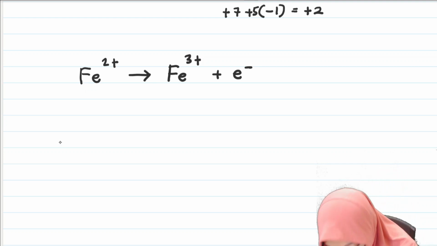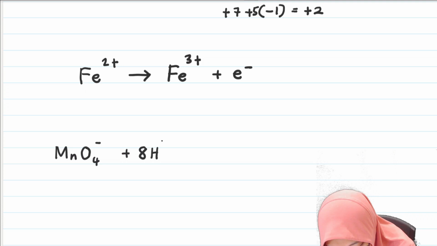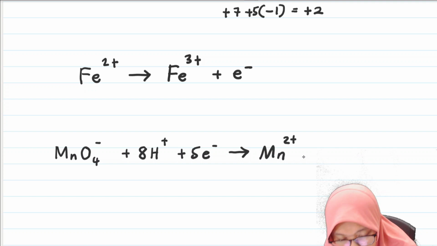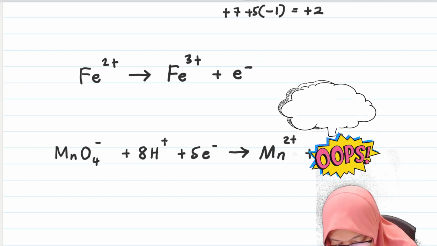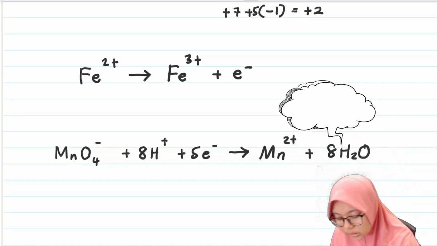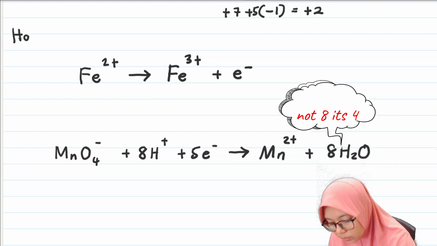And then we have the manganate ion, MnO4 minus, accepting 8 hydrogen ions and also 5 electrons to form manganese 2 positive and 4 water molecules. So that is the half equation. This is what we call a half equation.